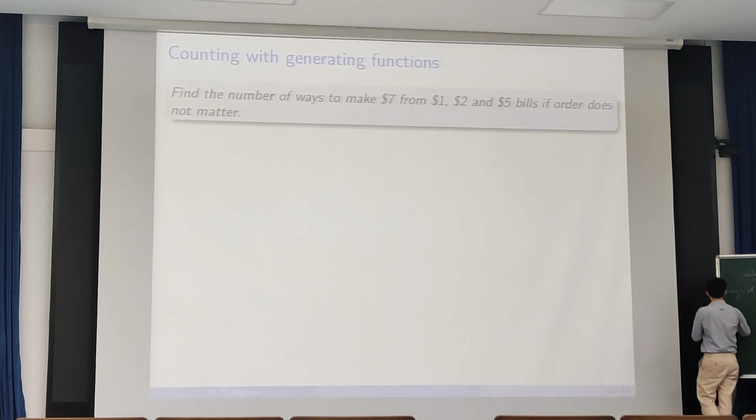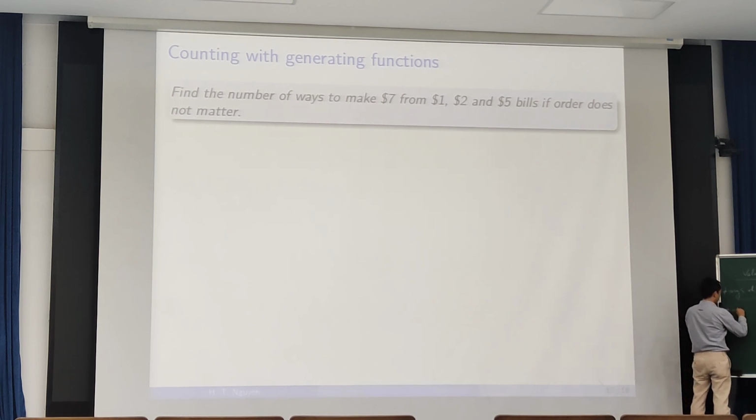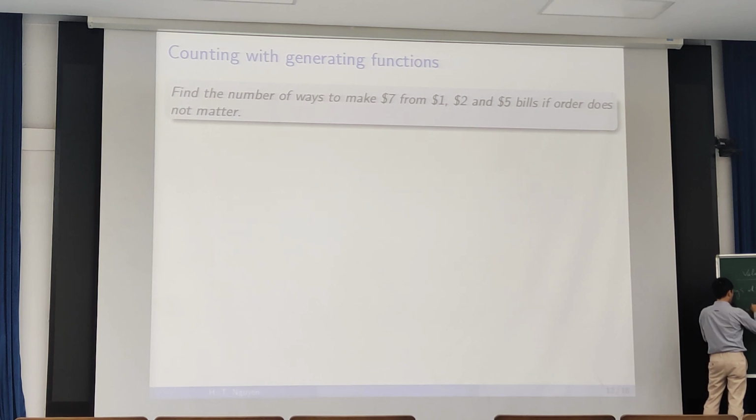If we do the same, if we look at the number of ways to make that sum with $2 notes only, in order to make $0, we have one way with 0 notes. In order to make $1, it is impossible if you only have $2 notes. So there's 0 ways here.